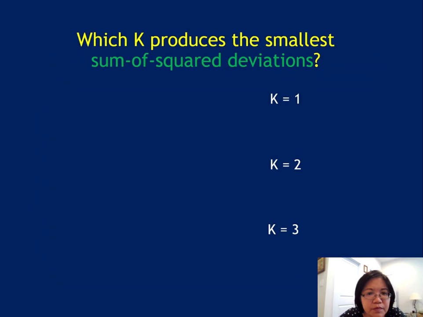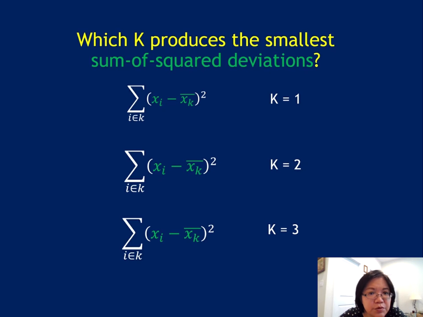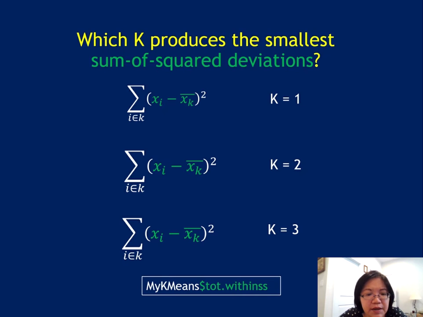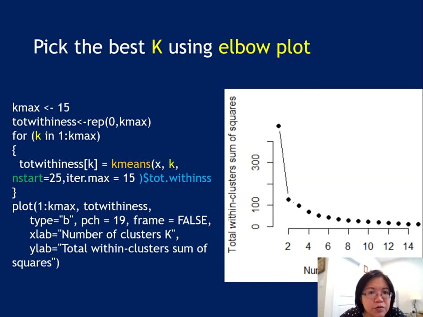We can also try different k values to see which one provides the smallest sum of squared deviations. Again, this is the total within SS that we try to find the smallest for. We can use the elbow plot method to find the best k. This is very similar to the scree plot that we saw in PCA, or principal component analysis.